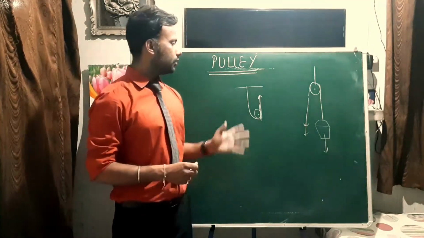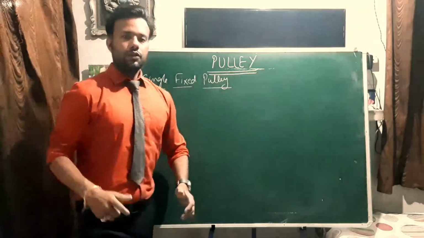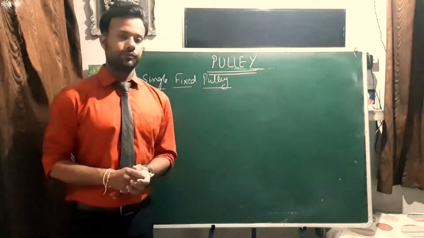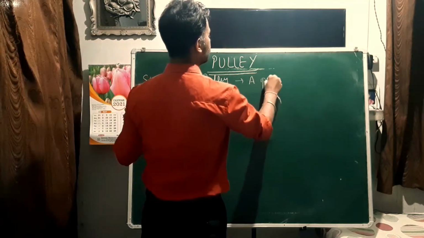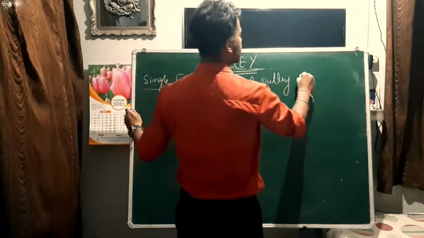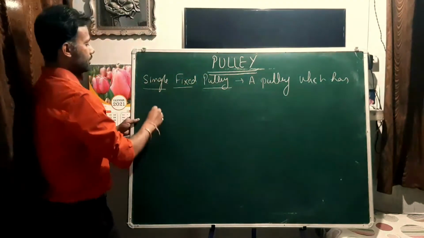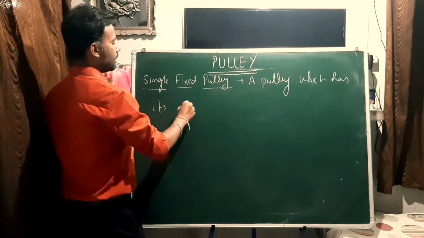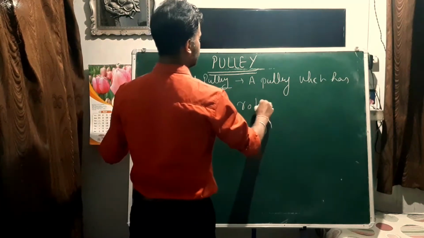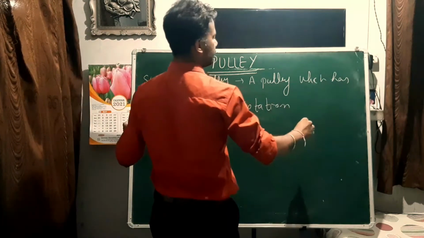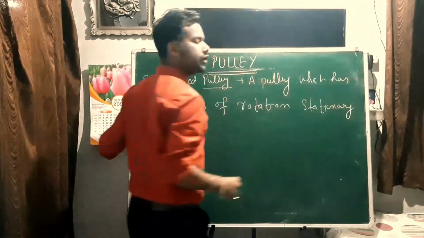We'll talk about both cases, but first we'll talk about the fixed pulley. So first we are starting with the single fixed pulley. Now what is a single fixed pulley? A pulley which has its axis of rotation stationary.